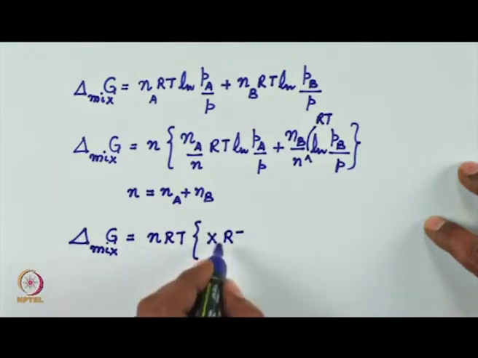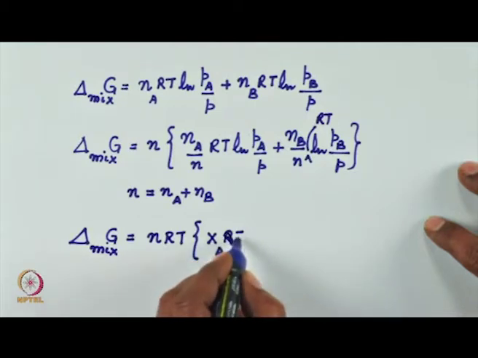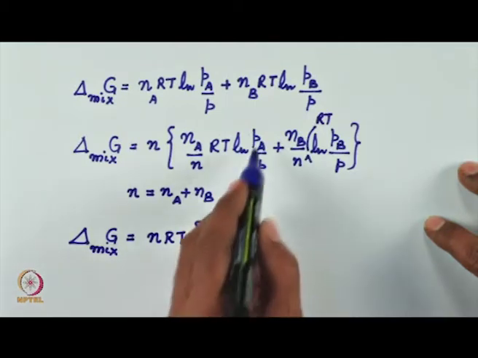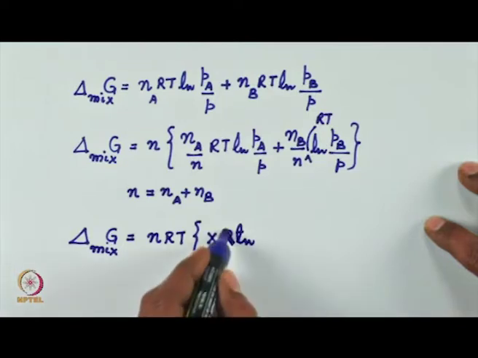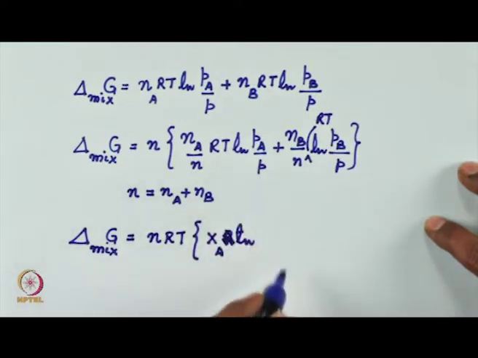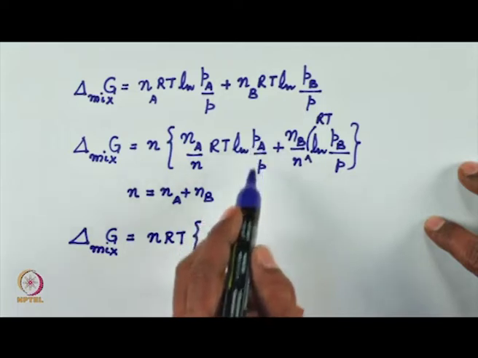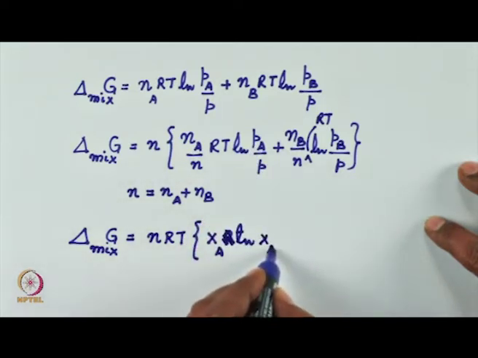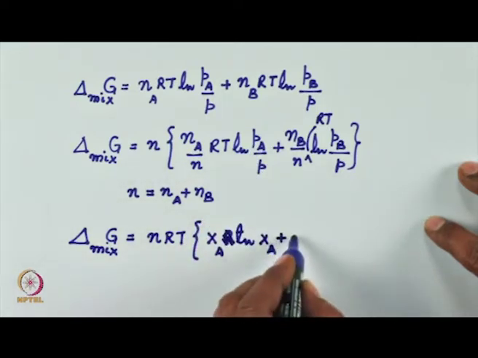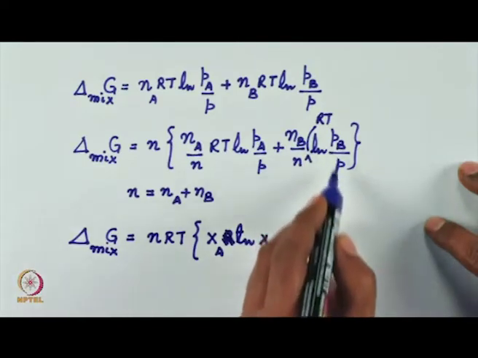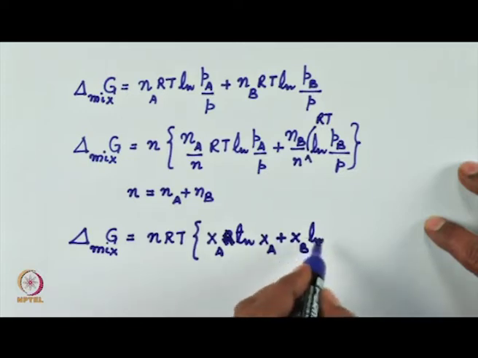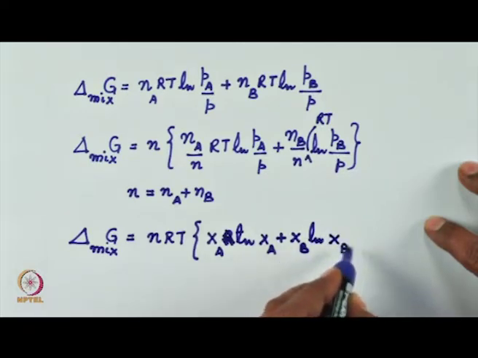What I have is now XA into log Pa by P. Pa by P, by Dalton's law of partial pressure, is mole fraction of A, plus Xb log Pb by P, by Dalton's law of partial pressure, it is Xb.